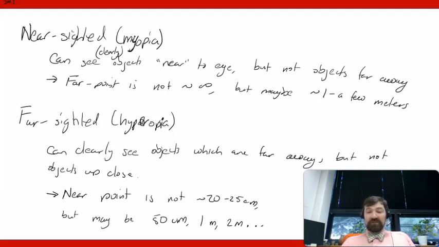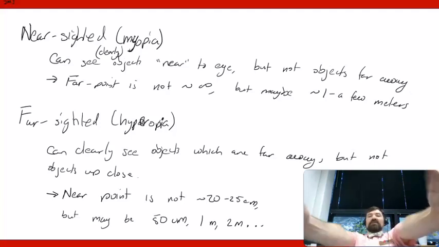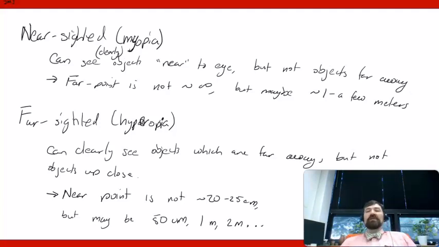On the flip side, if you're farsighted, you can do stuff far away, but anything up close becomes difficult. Same with presbyopia. You can't hold a book here and read it. Sometimes elderly people, and farsighted people in general, if they don't have glasses, may hold the book way out here to read it because their near point has moved so far away.